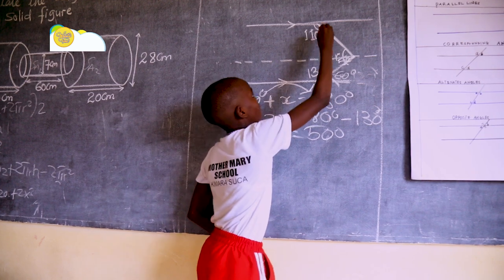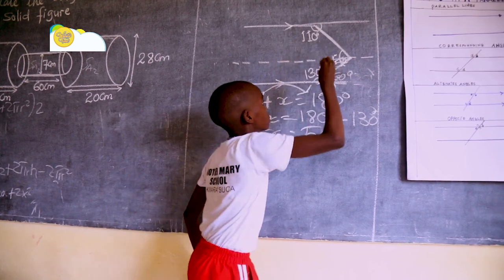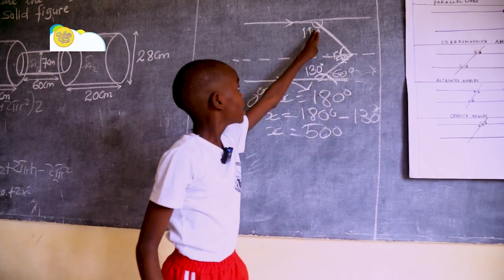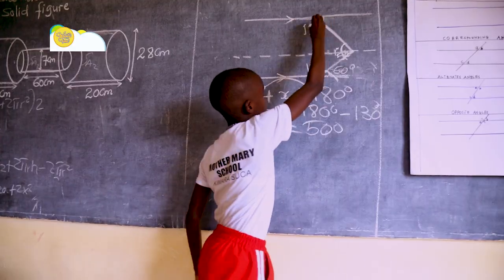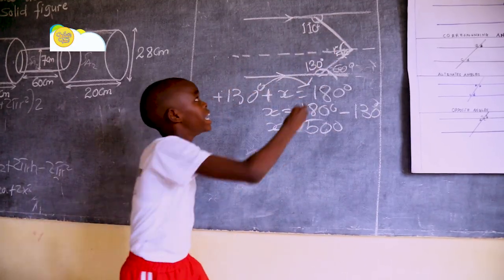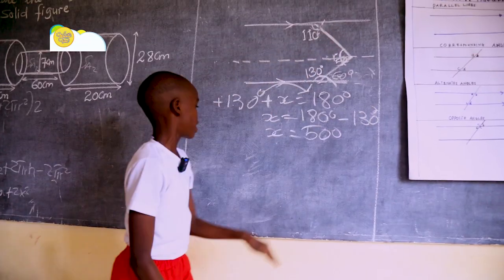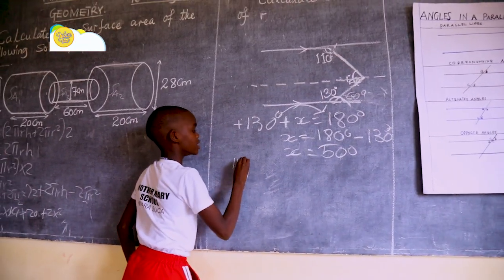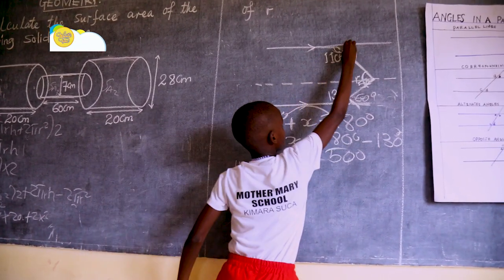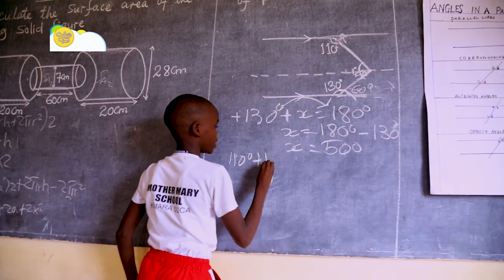Here also we have alternate angles. This angle and this angle are equal, but here also we are not given the value of this angle. So we use a straight angle to find its value. 110 degrees plus P is equal to 180 degrees. Here this one is positive.